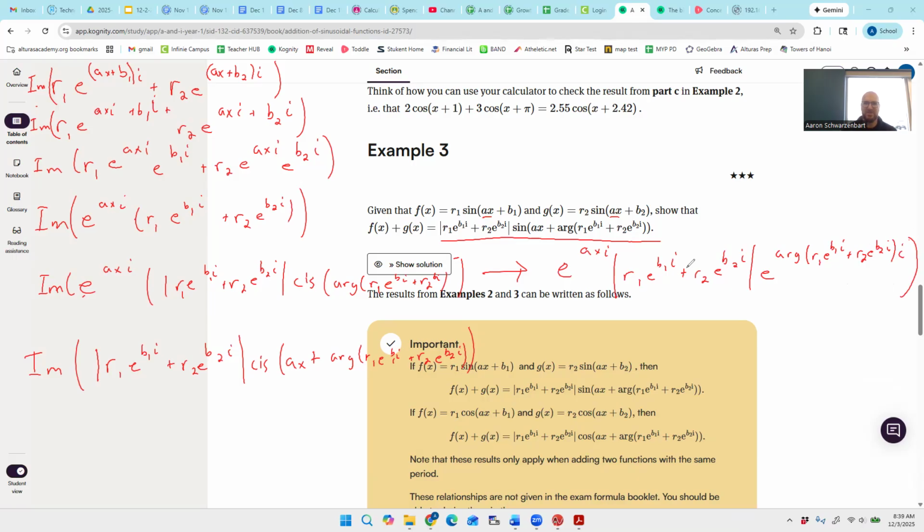And then the rules of exponents would say this is just all multiplied, so I multiply these, which is add. So that's how it ends up there.